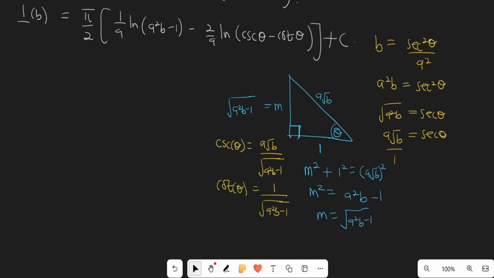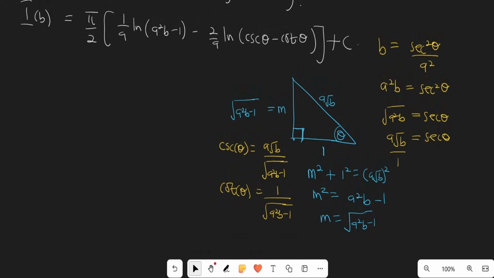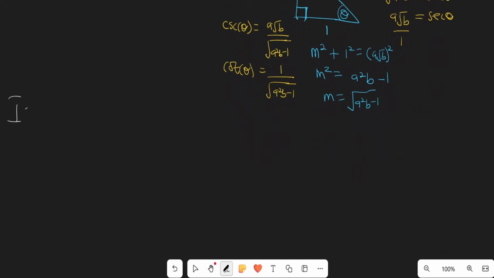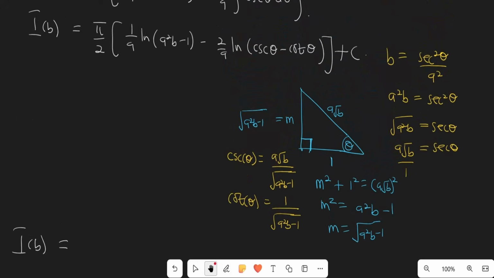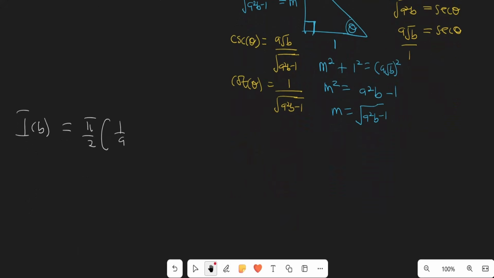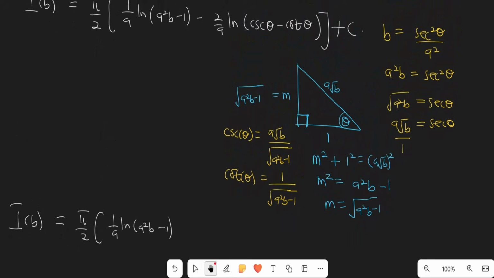We can now take the integral into the b world completely. Okay, so I of b is equal to what? Pi over 2, multiplied by 1 over a, and then ln of a squared b minus 1. Cool.